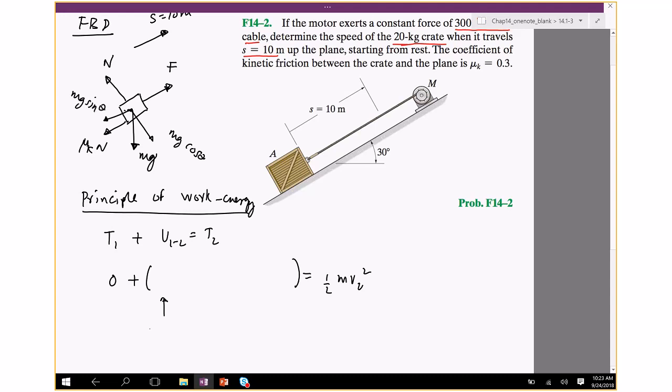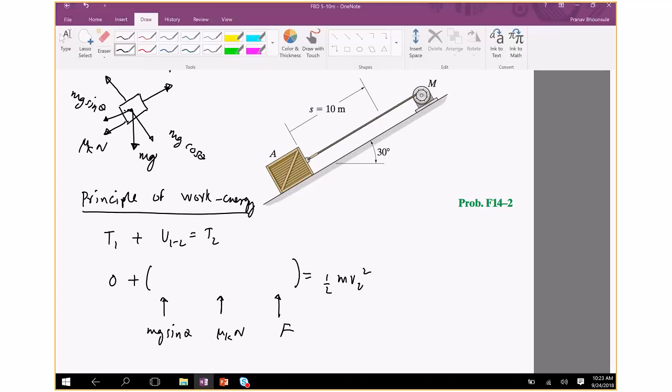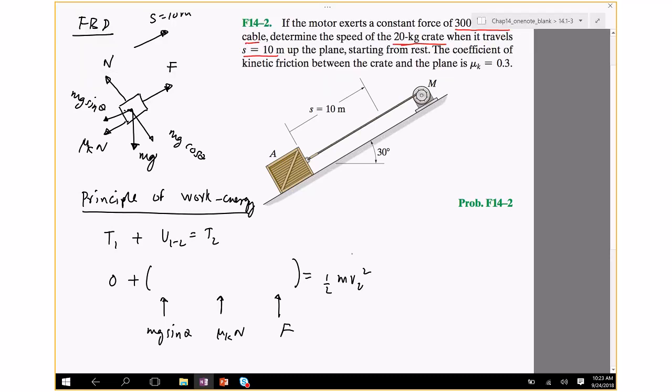So there's going to be a contribution due to Mg sine theta, a contribution due to mu k N, and a contribution due to F. Okay, write those 3 things down and find V2. The V2 is an unknown. So can you solve for V2 and post the answer? And you can take g as 9.81.